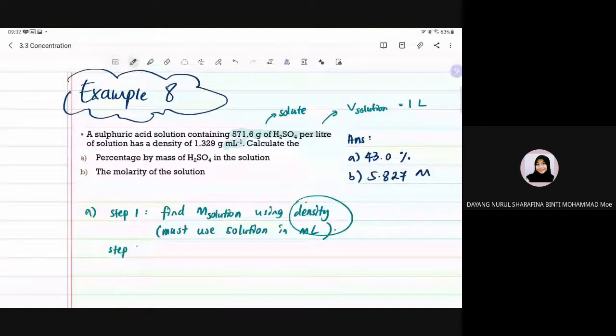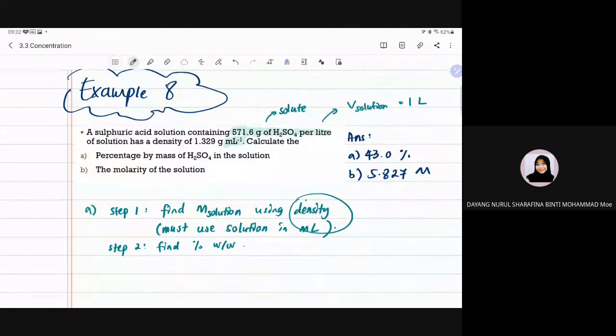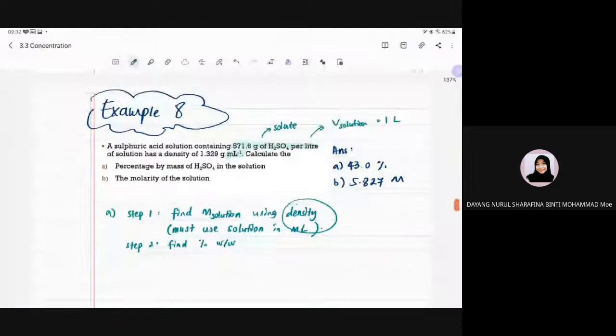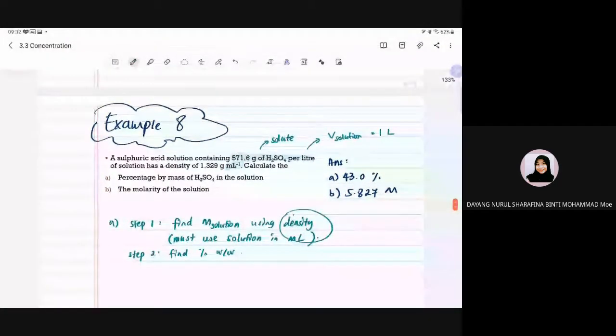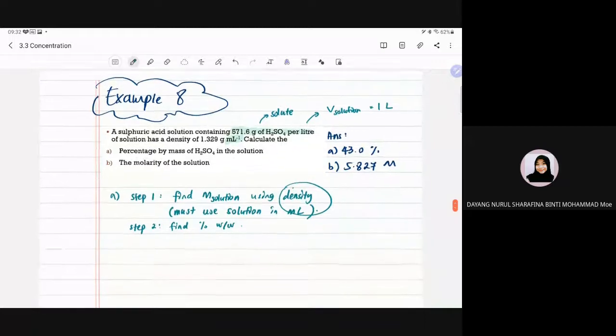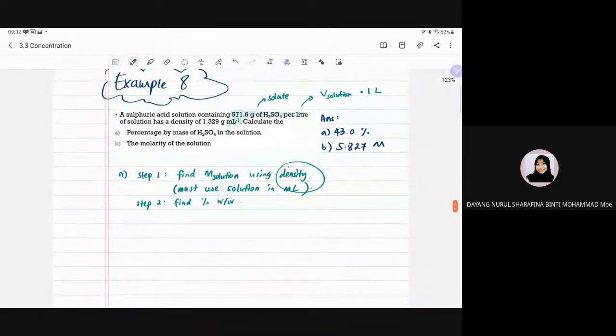Step 2, find percentage by mass. Okay. So now you can try to answer this question. So again another 15 minutes untuk jawab soalan ini. So try to answer it now. Kalau ada soalan, just ask me straight away.